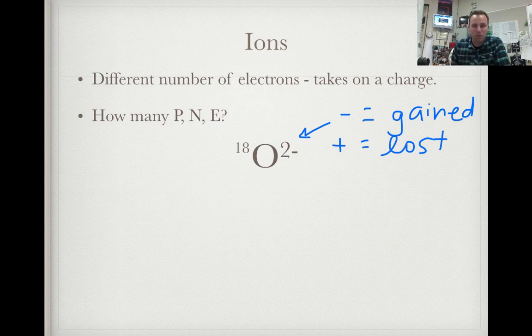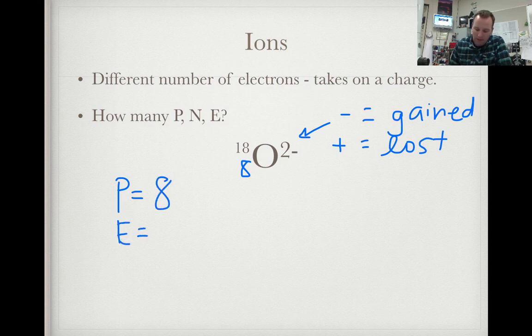So everything else pretty much stays the same. The number of protons is still going to be equal to the atomic number, which in this case you'd have to look up, and oxygen's atomic number is 8. So we can fill it in right here. Oxygen's atomic number is 8, so that means it has 8 protons. But now here's a difference. The electrons, since it's 2 minus, actually means we now have 10 electrons.